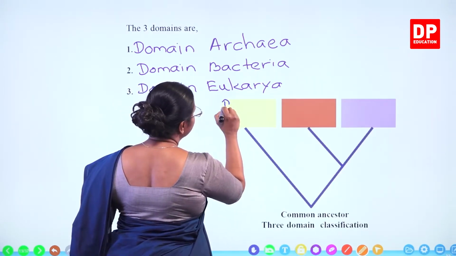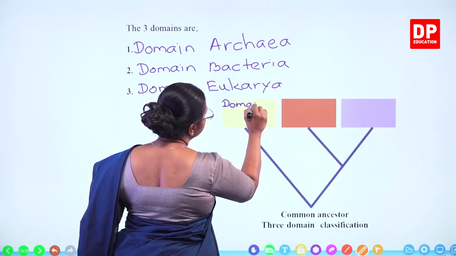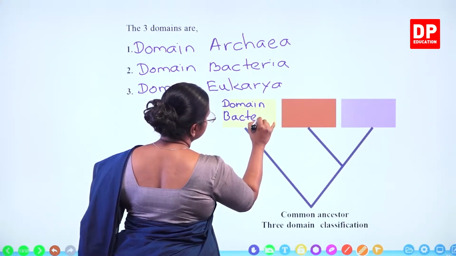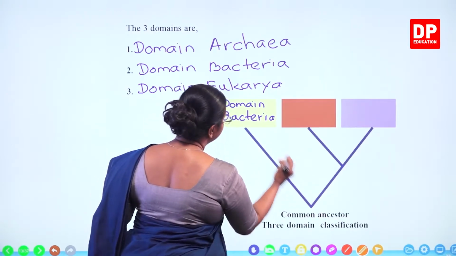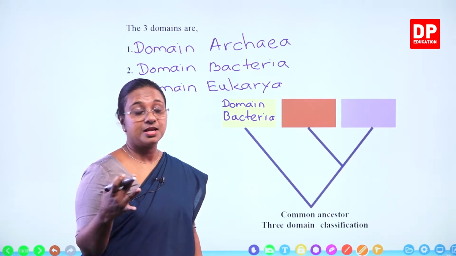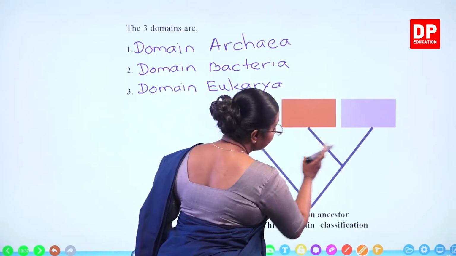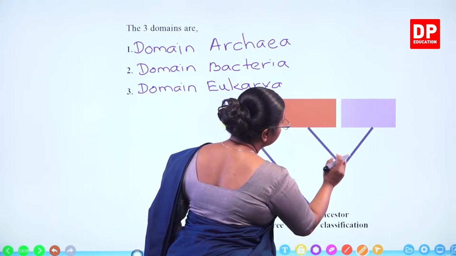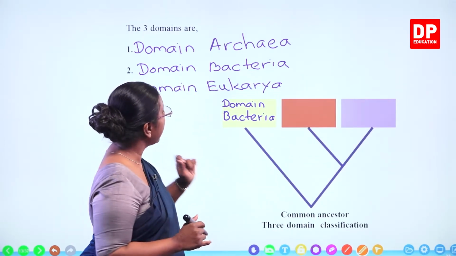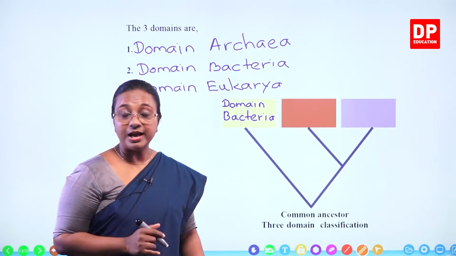So here we will have domain Bacteria. So that developed as one separate branch. Whereas the other separate branch led to the division of 2 different domains, that is domain Archaea and domain Eukarya.